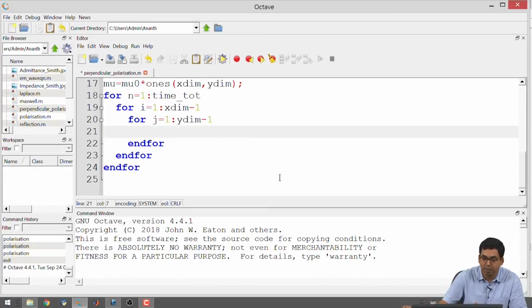All we need to do is update the magnetic field and then update the electric field. So, I will start with the magnetic field update.